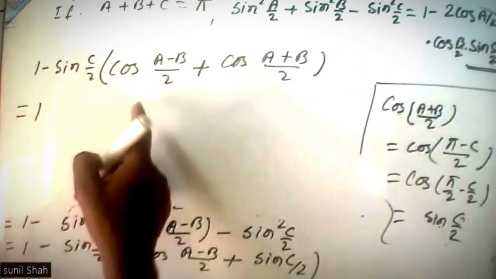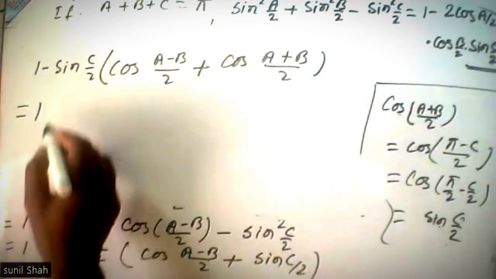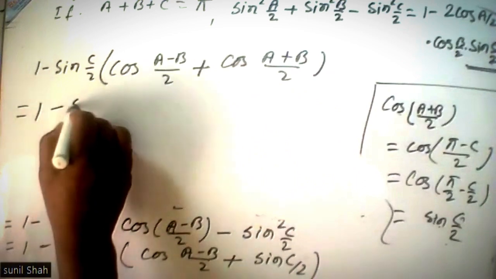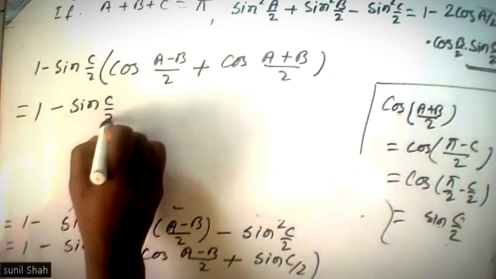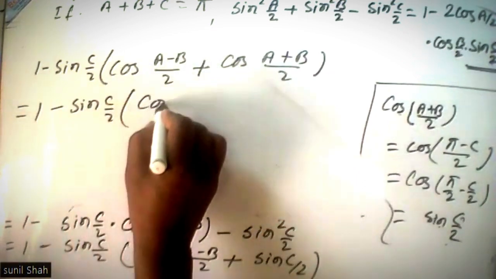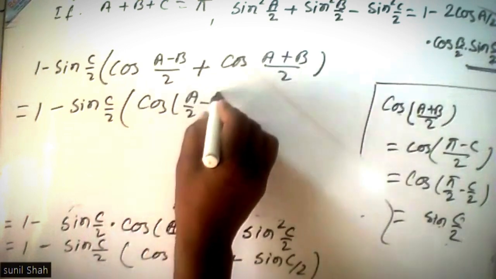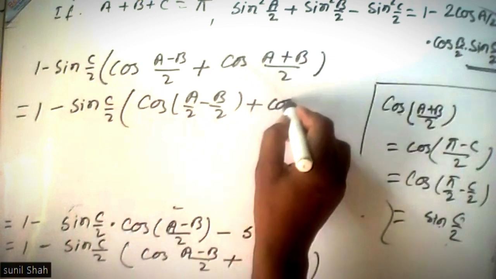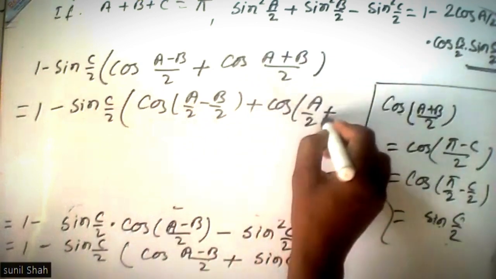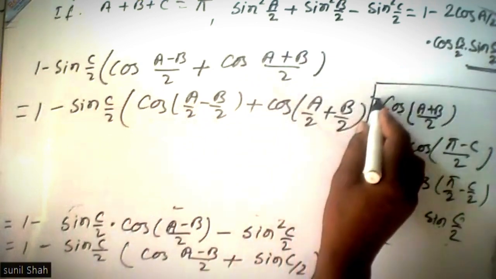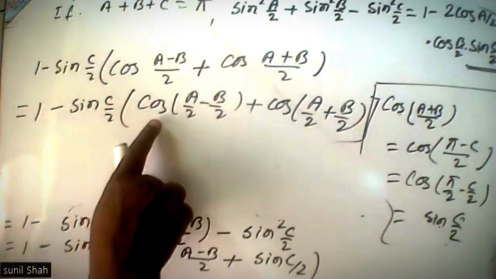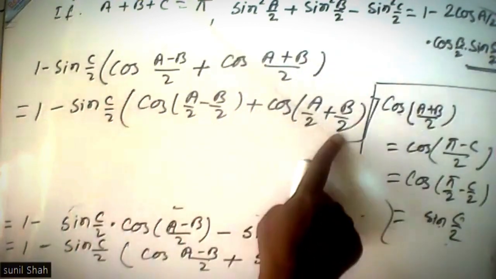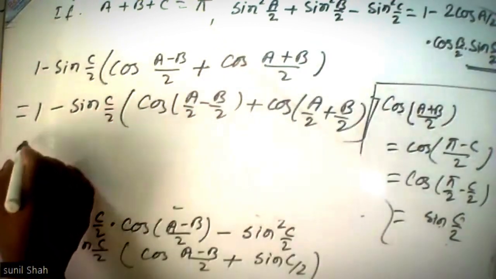Put the direct formula of cos C plus cos D, or we can put another one like cos A by 2 minus B by 2 means cos A minus B plus cos A plus B. Put formula for cos A minus B plus cos A plus B, or cos C plus cos D.